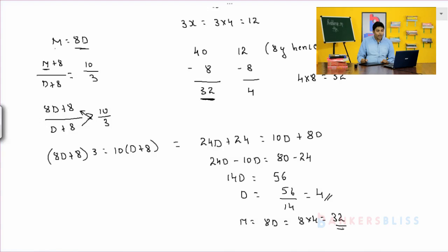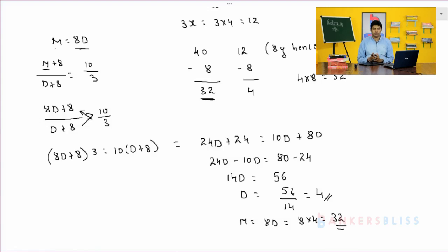See, you can compare the first methodology and second methodology. The second methodology, the general method, is taking too much time and too many calculations. The first method was very simple, so please adopt the first method, and the age of Meena is 32 years.